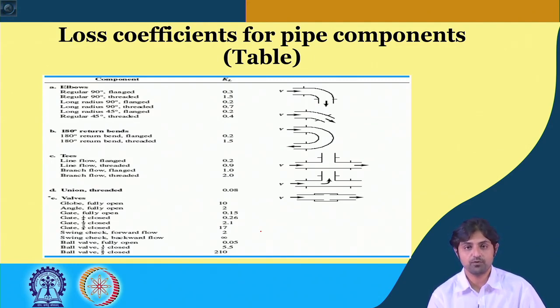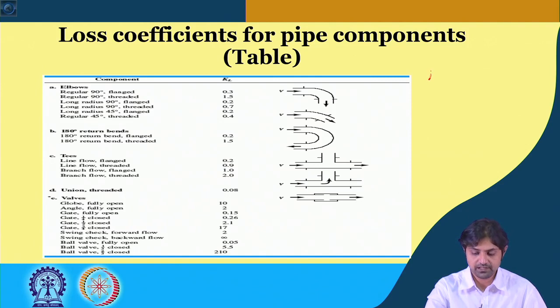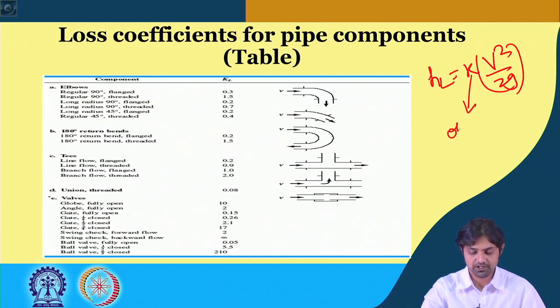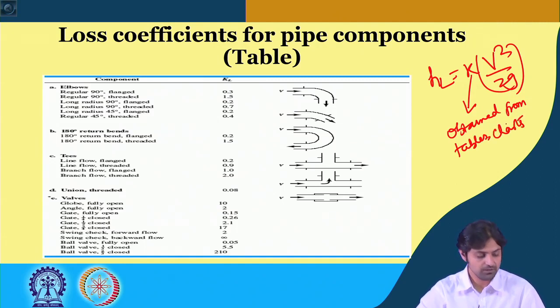Those values will not be provided and you are expected to know the formulas. So the important message is that minor loss is K into V square by 2g, and K can be obtained from tables or charts.